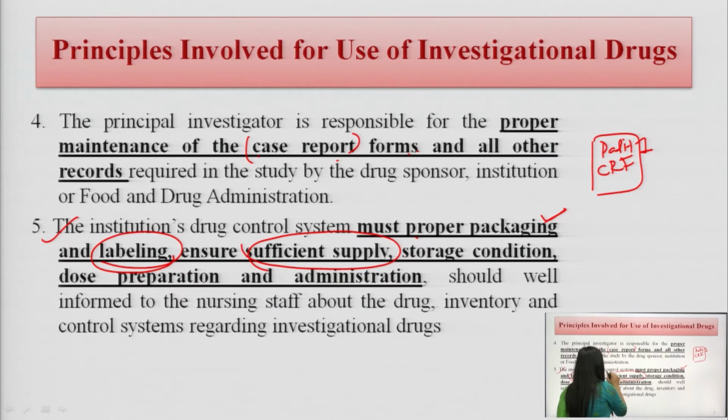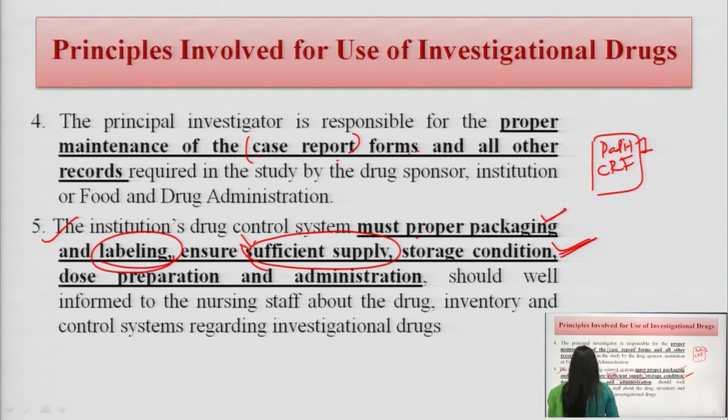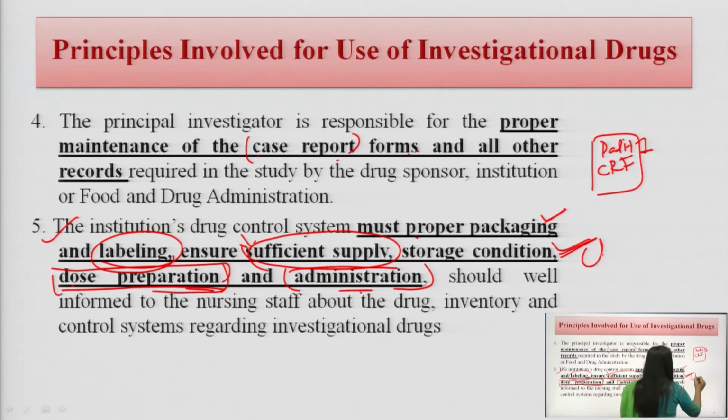So there should not be a lack of supply. Storage conditions should be maintained properly. Dose preparations are there, meaning sometimes there is a dilution of the products, or maintaining the dosage condition, and how to administer the drug. These points are all taken care of while performing a clinical trial in any institution.